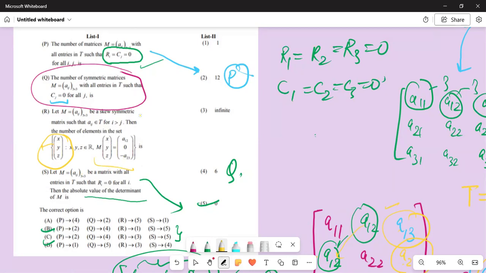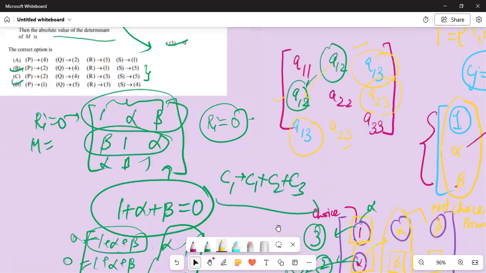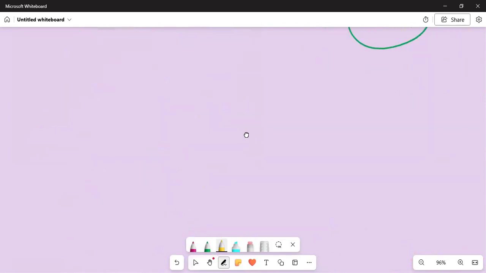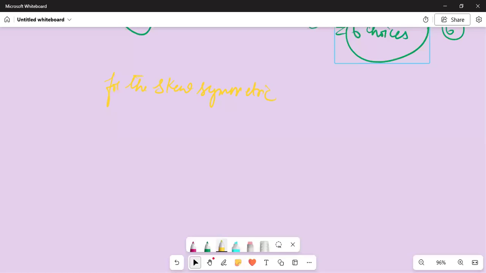First of all, M is a skew-symmetric matrix. So what is the condition of a skew-symmetric matrix? For a skew-symmetric matrix, we have the diagonal entries to be 0.